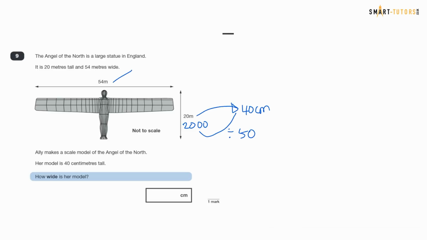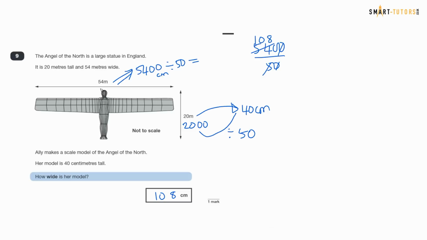So that means you have to divide 54 meters, which is 5400 centimeters, by 50. And if you divide it, you get 108. Well done. So 108 centimeters is the width of the model of the Angel of the North.